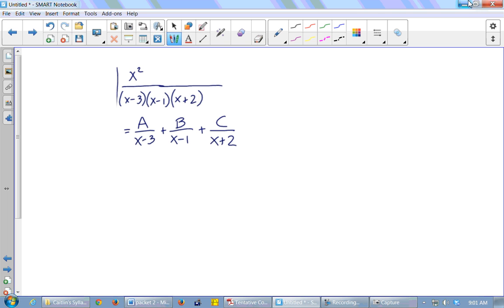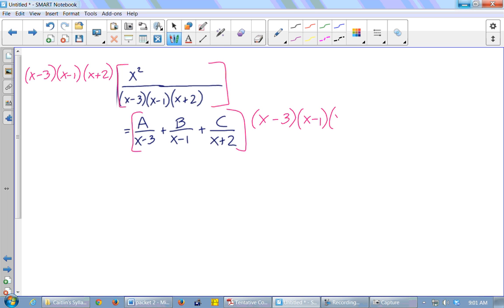Okay, so the way I start this is I have to multiply both sides of my equation, every term on both sides, by the common denominator. I'm going to try to clear this equation of fractions. So I multiply this side by x minus 3, x minus 1, x plus 2, and multiply this side by x minus 3, x minus 1, x plus 2.